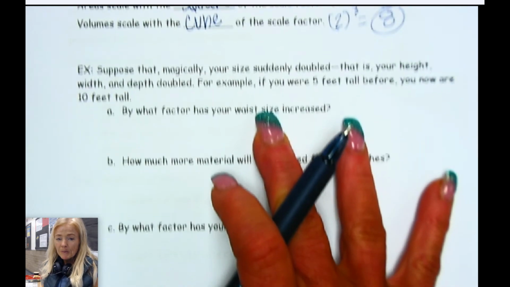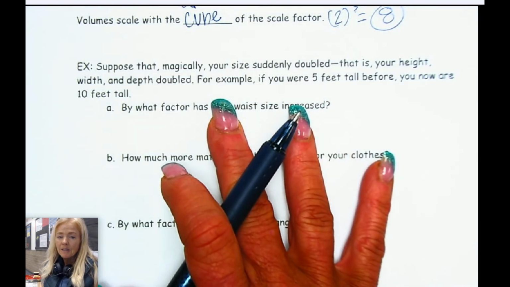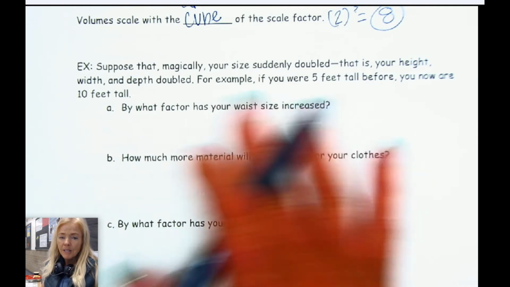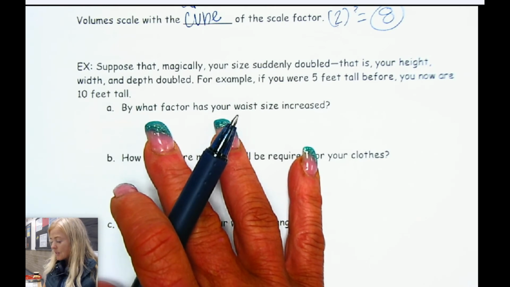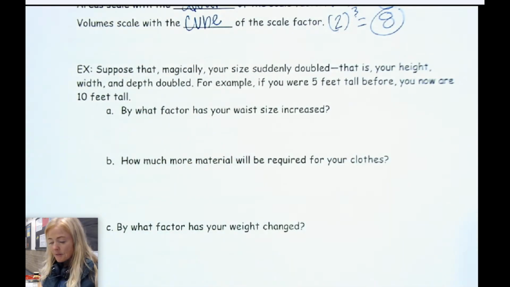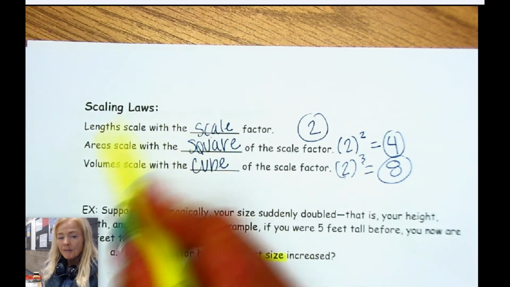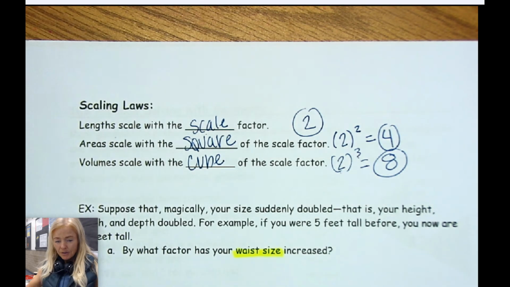So suppose that magically your size suddenly doubled. That is, your height, width, and depth doubled. For example, if you were 5 feet tall before, you are now 10 feet tall. By what factor has your waist size increased? Well, waist size is which one of these? Is it a length, an area, or a volume? Well, waist size is just the length around.